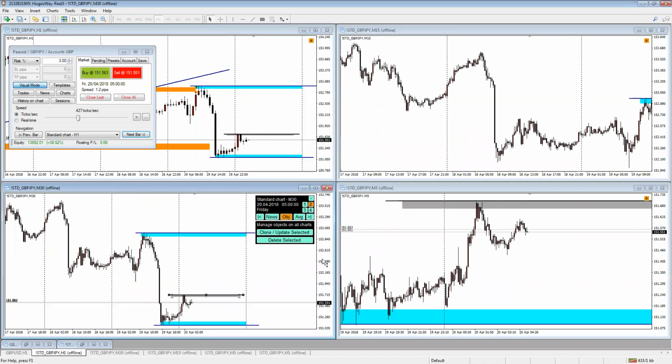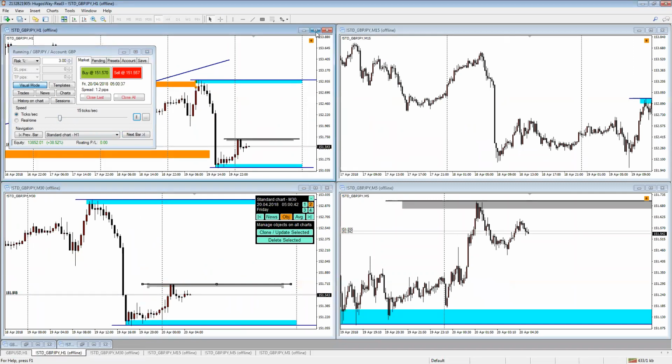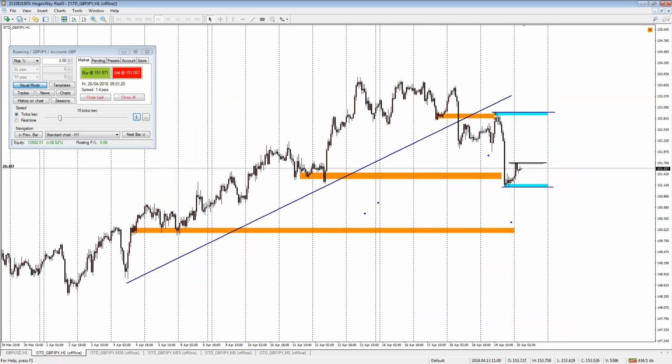Okay, I'm gonna have this play. Of course, our bias continues from 1 hour, continue bearish to this level. We are expecting Friday to be consolidation after 2 days.